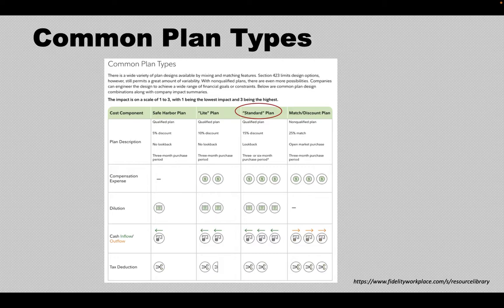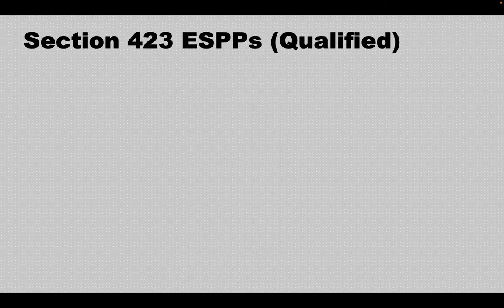Next I am going to talk about the section 423 ESPP, which is qualified, the common type, and all the features, facts and the tax implication associated with it.